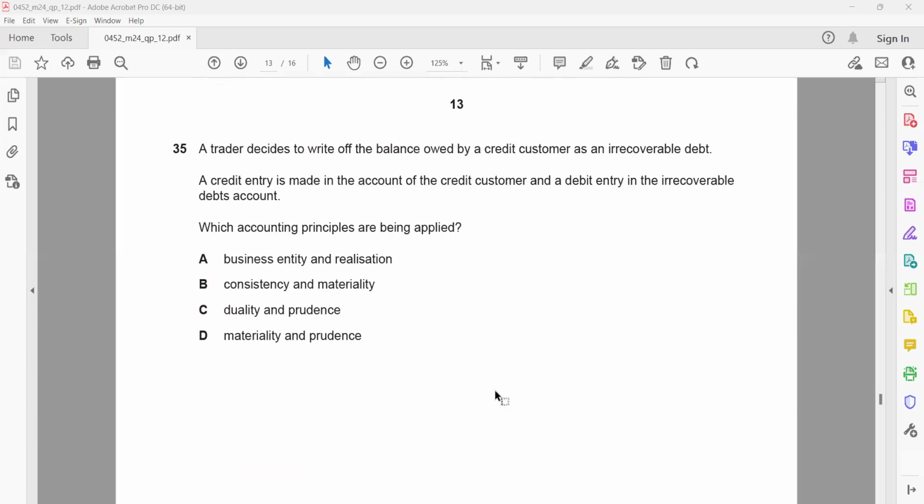Okay, last question. A trader decided to write off the balance owed by a credit customer as irrecoverable debt. So you will debit irrecoverable debt, credit trade receivables. A credit entry is made in the account of a credit customer, and a debit entry is made in irrecoverable debt.